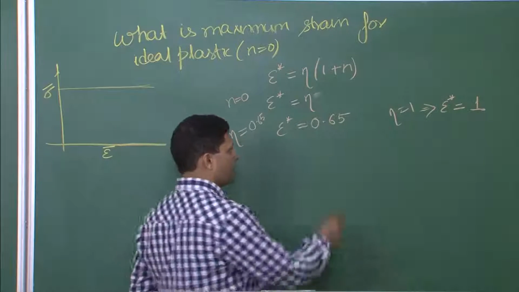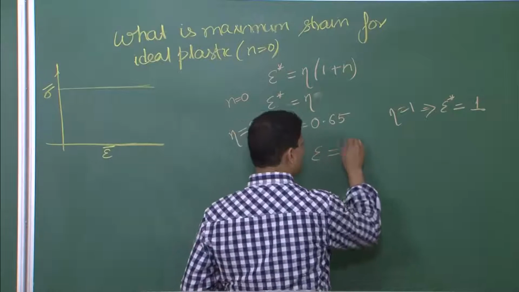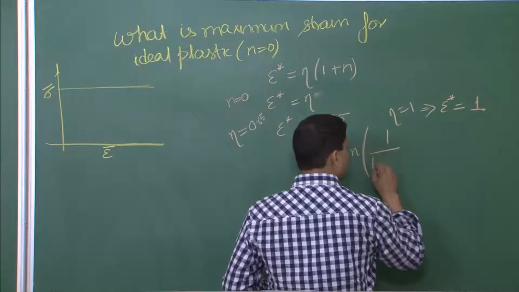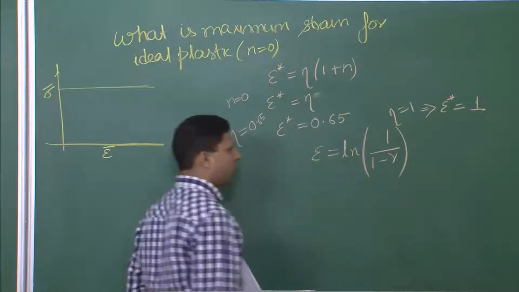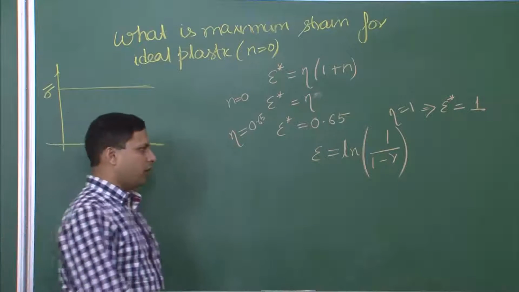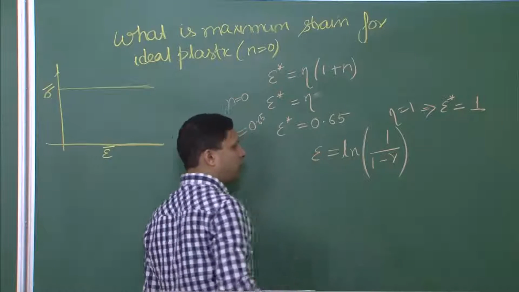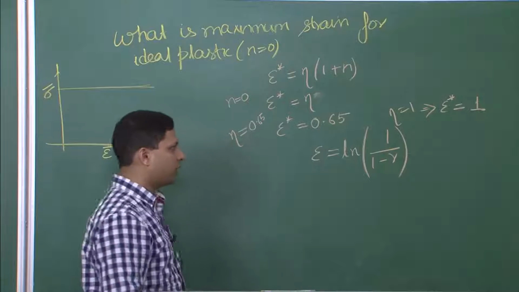Now, you remember that epsilon is also equal to, in terms of area reduction, ln 1 over 1 minus r. We went through the individual steps to show that epsilon is actually equal to ln 1 over 1 minus r.